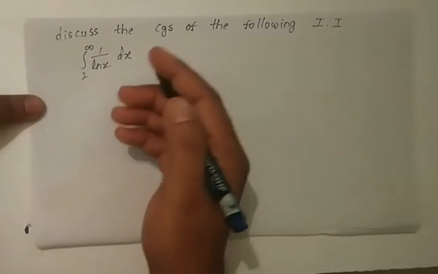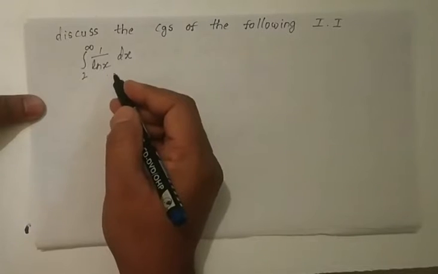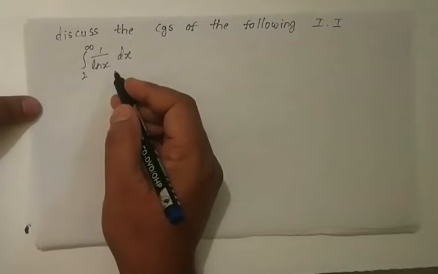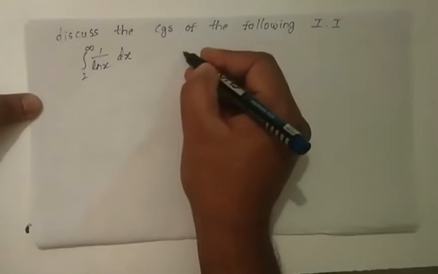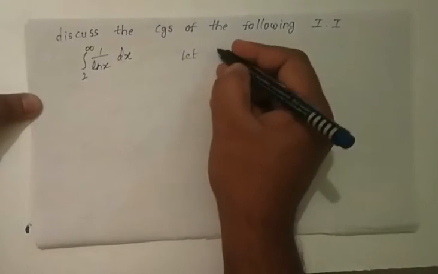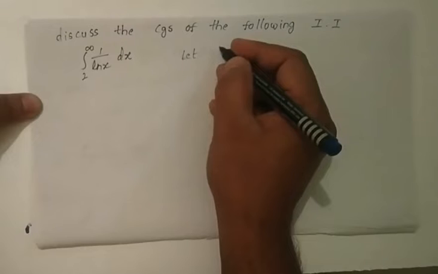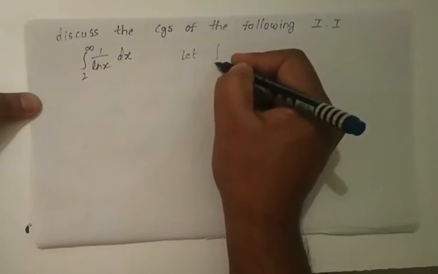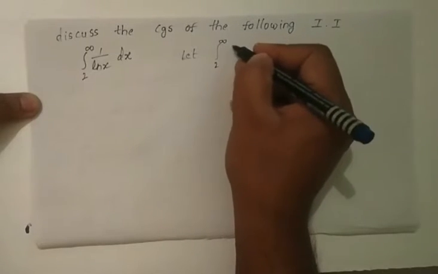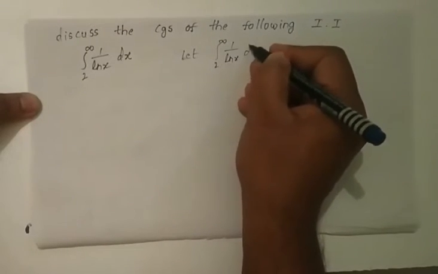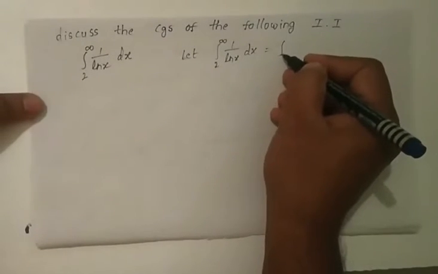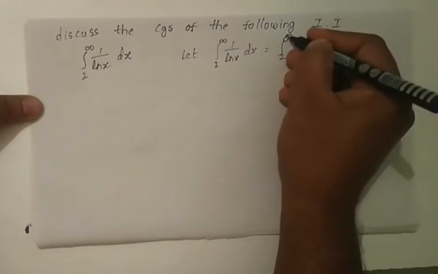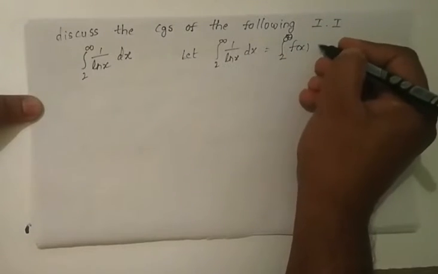Now, let us see whether the given improper integral is convergent or divergent by using the comparison test. So first, let the integral from 2 to infinity of 1 by ln x dx be equal to the integral from 2 to infinity of f of x dx.